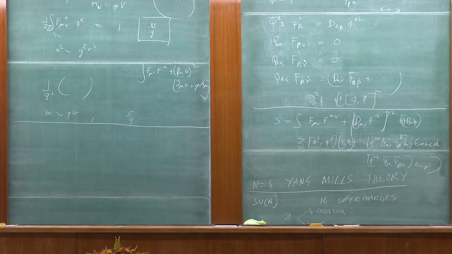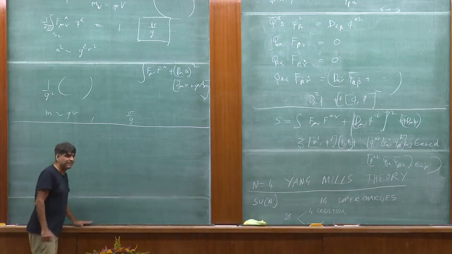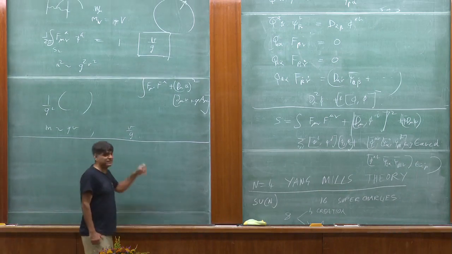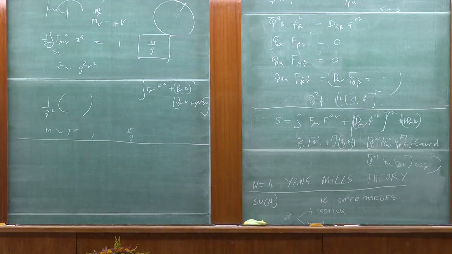And the first observation that I think Ashok made was that this G squared goes to 1 over G squared, or G goes to 1 over G duality, is necessarily upgraded to a full SL2Z duality.